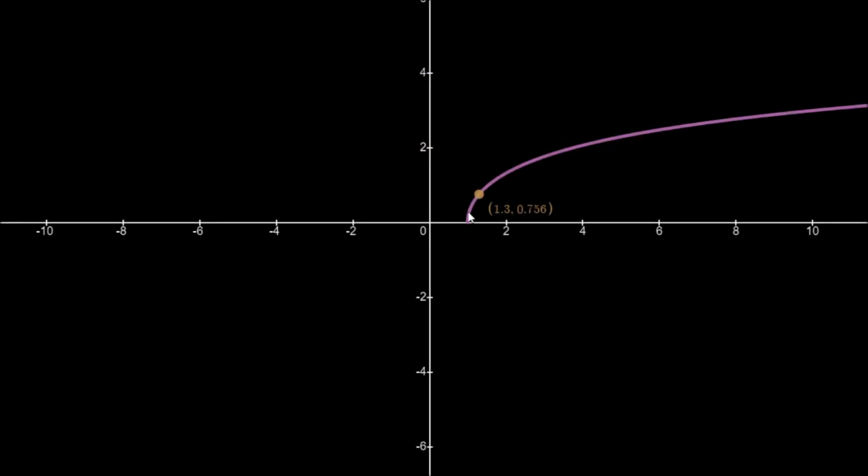So we start off with the inverse hyperbolic cosine function, which is in pink. And you can see that this is valid for values of x greater than or equal to 1. Now, the identity tells us that this function is the same as the natural log of x plus the square root of x squared minus 1.